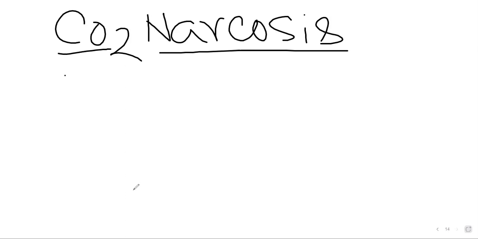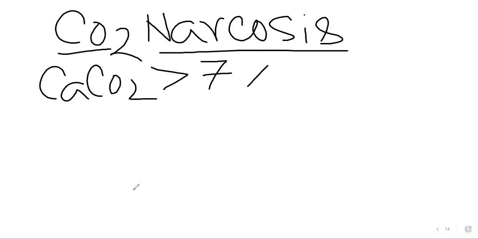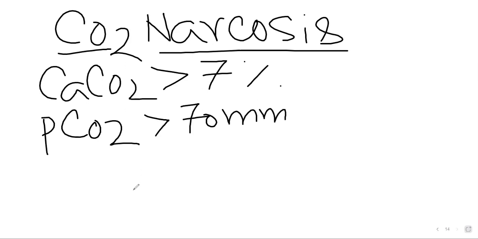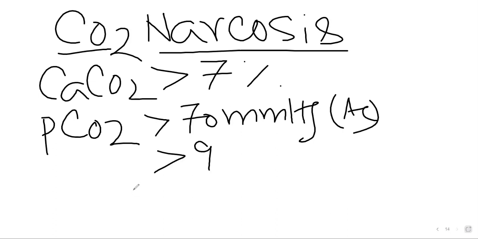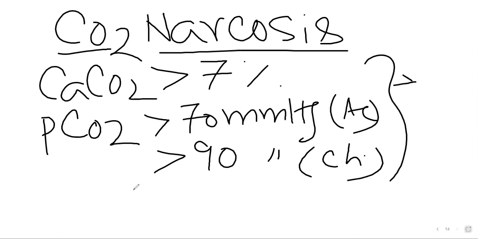If the carbon dioxide concentration in the arterial blood is more than 7%, or if the partial pressure of carbon dioxide in an acute situation is more than 70 millimeters of mercury, or in a chronic situation like chronic bronchitis, more than 90 millimeters of mercury, all these will produce depression of the central chemoreceptor.